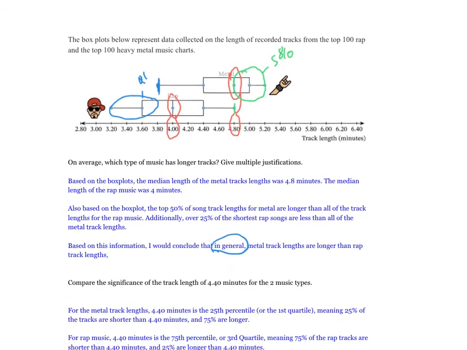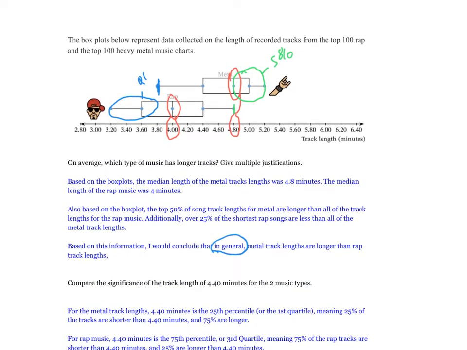The next question says, compare the significance of the track length of 4.4 minutes for the 2 music types. Well, 4.4 minutes is right here on the graph, and it happens to be the first quartile for metal, but the 3rd quartile for rap.